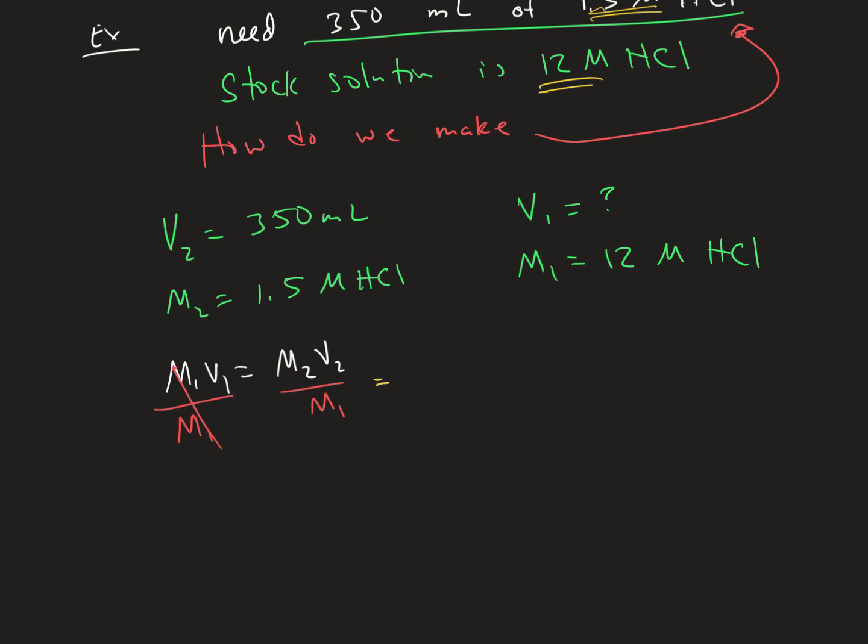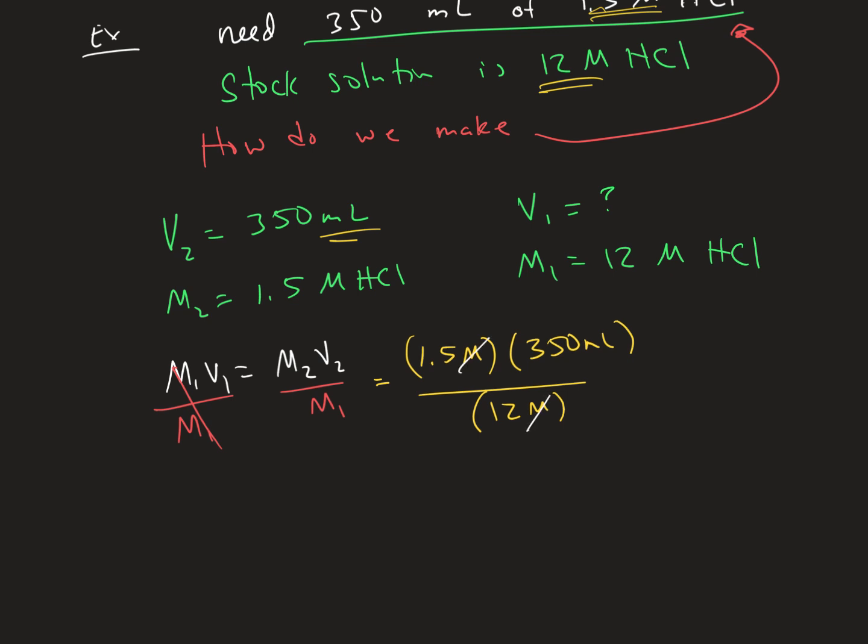All right, so let's plug our values in. M2 is 1.5 molar. Does this need to be measured in liters? Let's find out. Volume 2 is 350 milliliters. And M1 is 12 molar. What cancels?